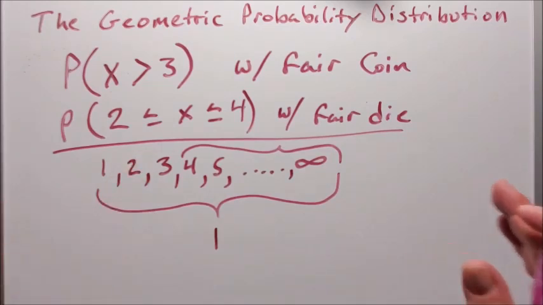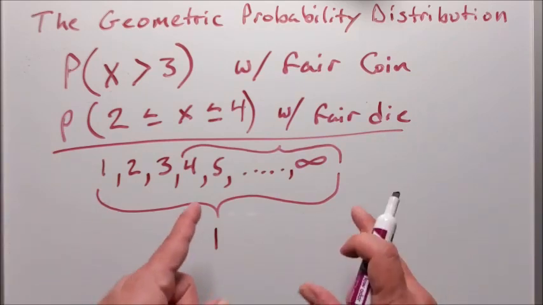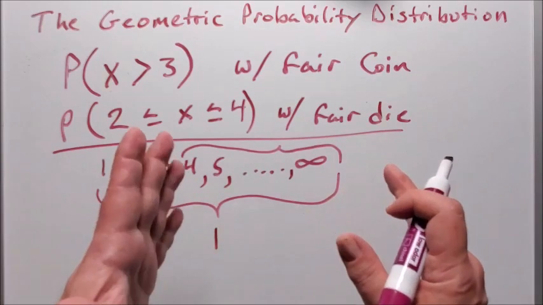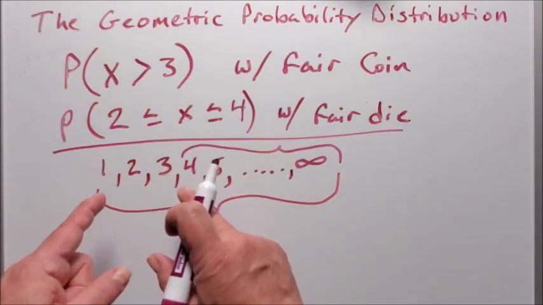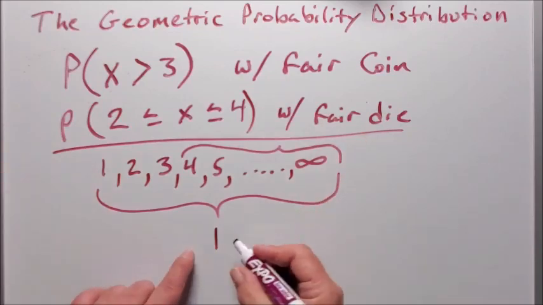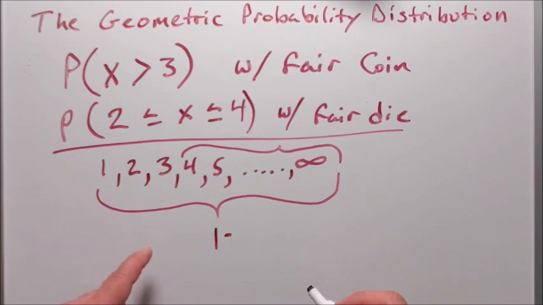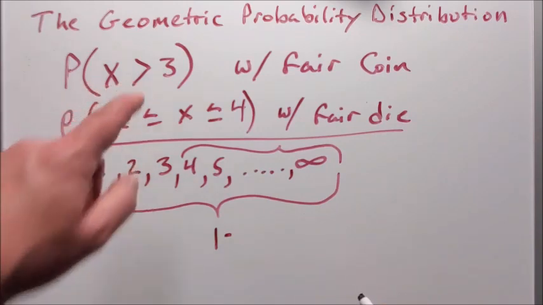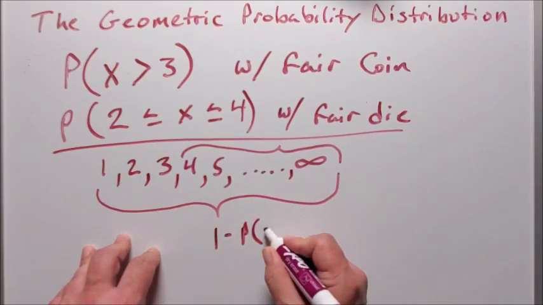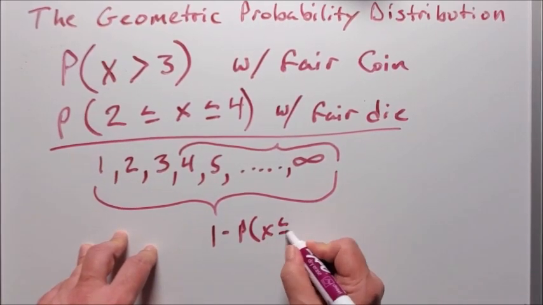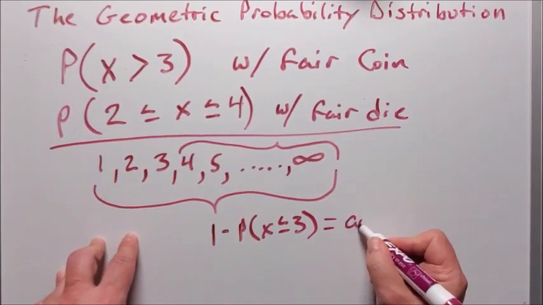So let's use that very, very useful strategy in math where instead of figuring out a difficult sum that we do want, let's figure out an easy sum that equals what we don't want, subtract it from some known greater whole, and we're going to get the answer. So what we're going to do to answer this question is figure out the probability that x should be equal to or less than 3 and subtract that from 1, and that'll be our answer.